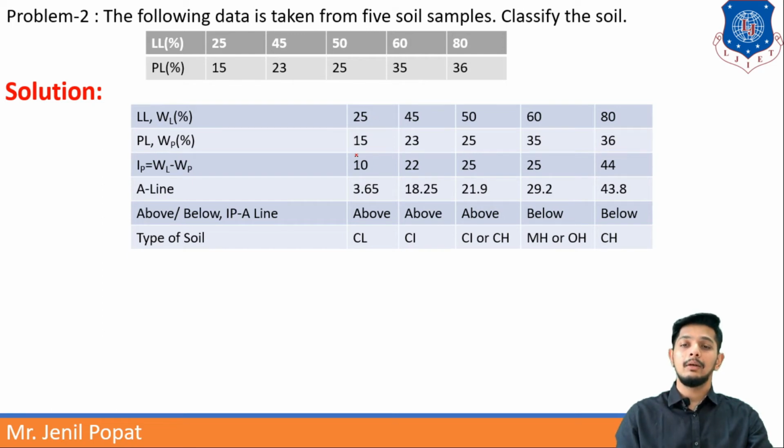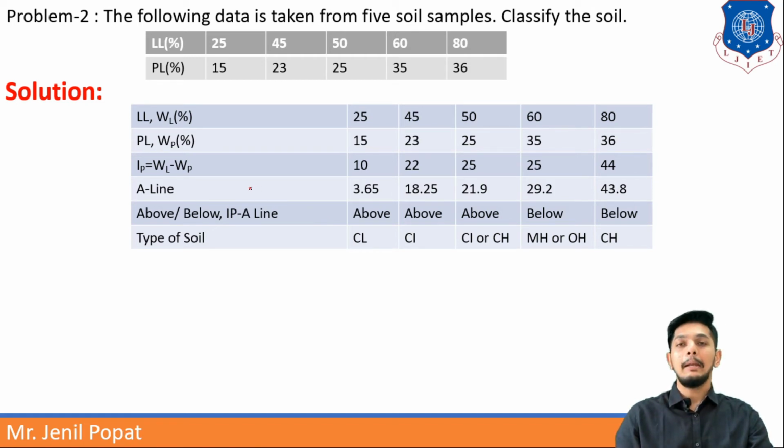The differences come out as 10%, 22%, 25%, 25% again, and 44%. Now I want to find the A-line equation value, the same way as in the previous problem. The A-line equation values come out as 3.65, 18.25, 21.9, 29.2 and 43.8. What is the IP A-line equation?